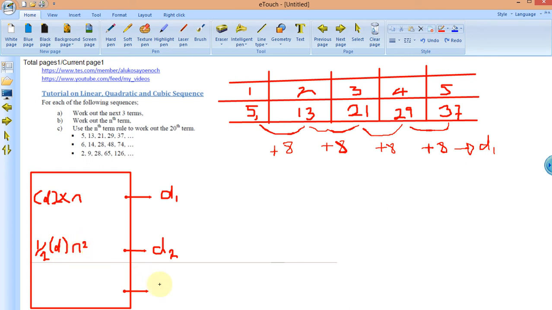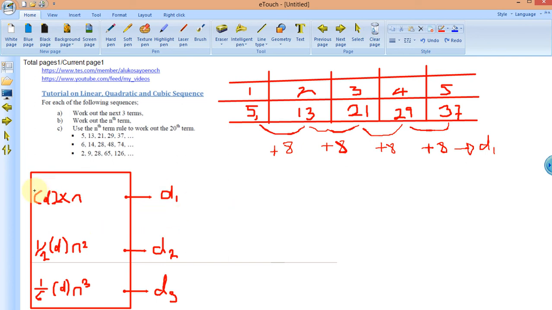If the third difference is a constant, then you take 1/6 of the difference, and add n raised to power 3 behind it. I'm not going to repeat this formula for B and C because I'm going to wipe the board, but take note of this, guys.